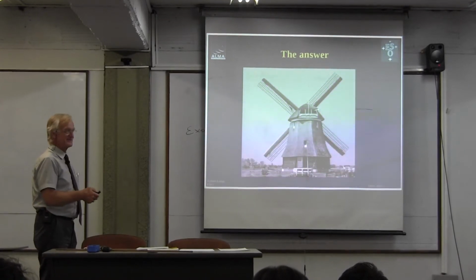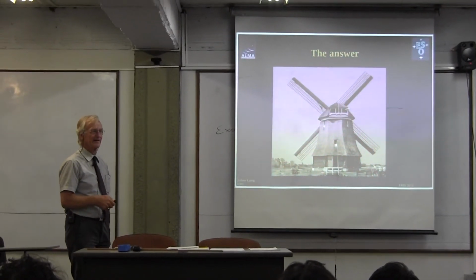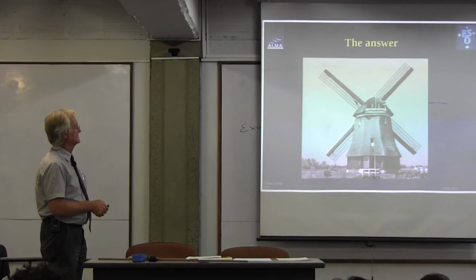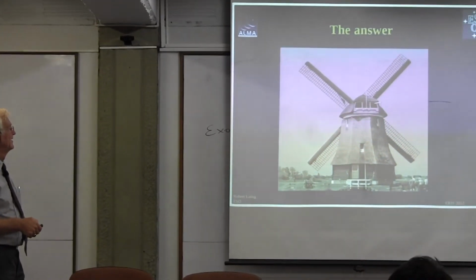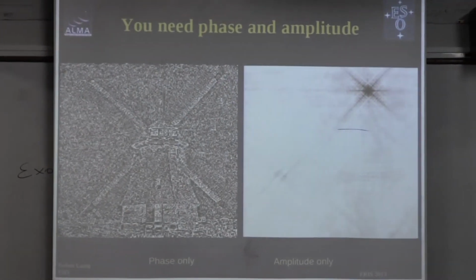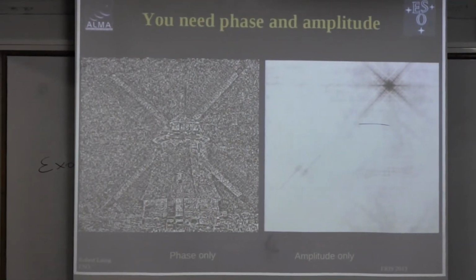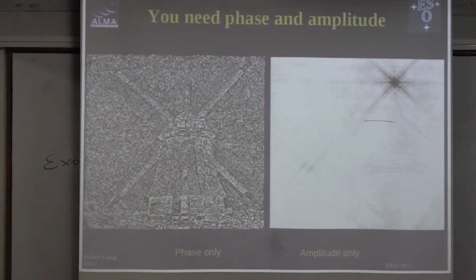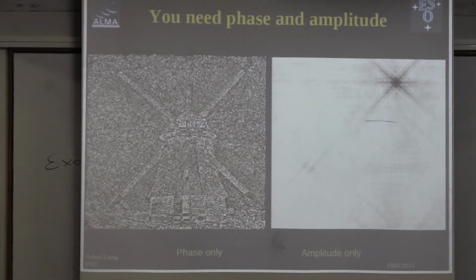But you can do again the same game as we did with the cat and the duck. We can play this game also with phases only, amplitude being unity all over the place, and only phase, or we do only amplitude.